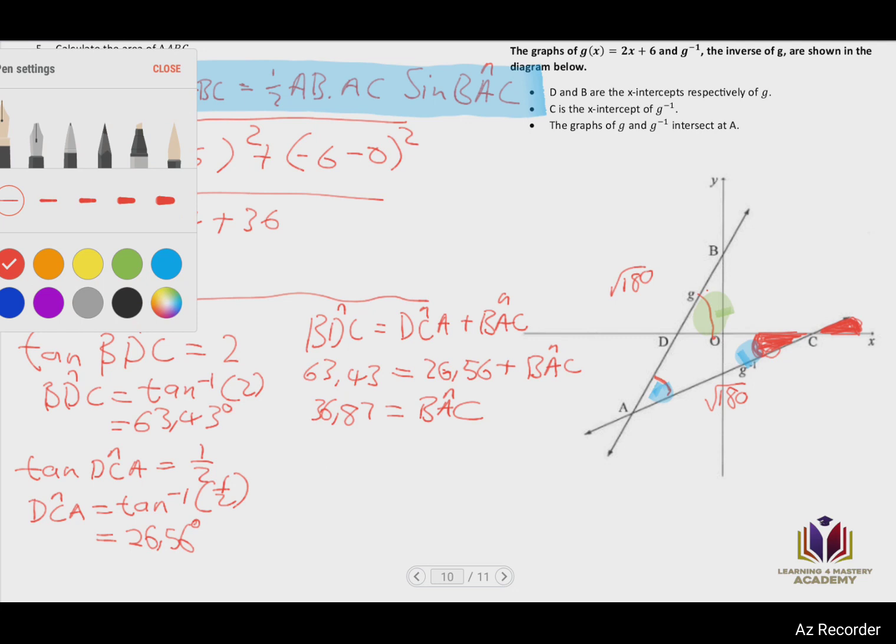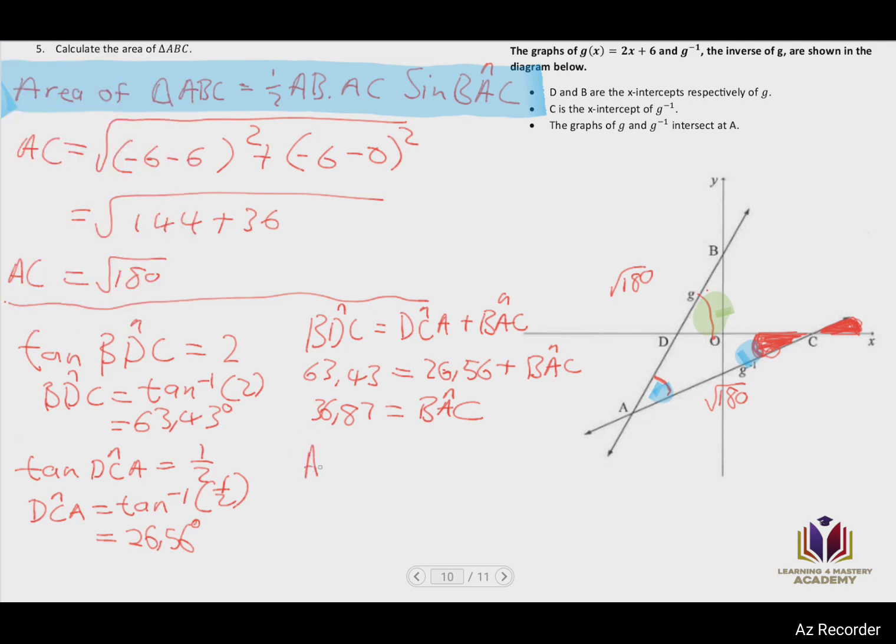Okay, so I'm going to say the area rule, area of triangle ABC equals half, open bracket, square root of 180, close, open bracket, square root of 180, close, sine of what's our angle? 36.87, close bracket.